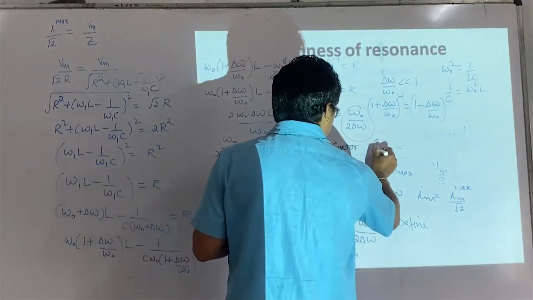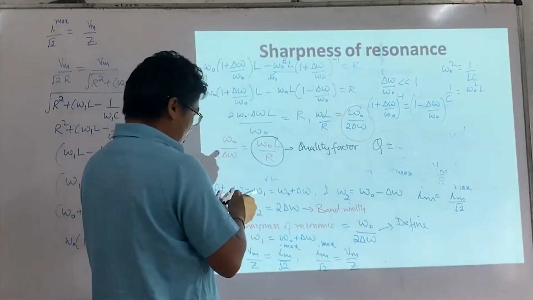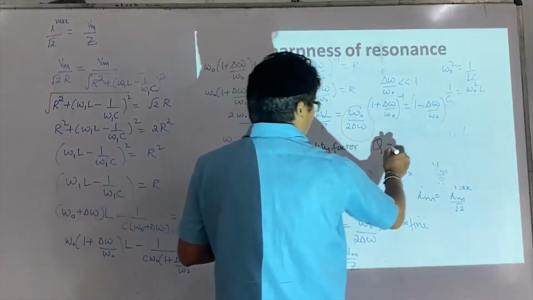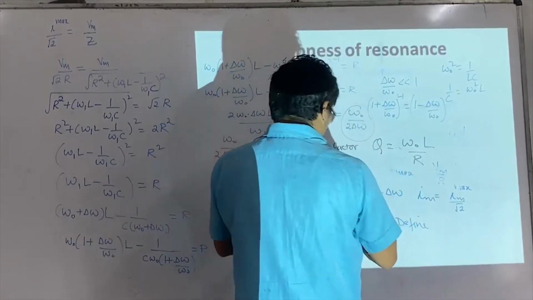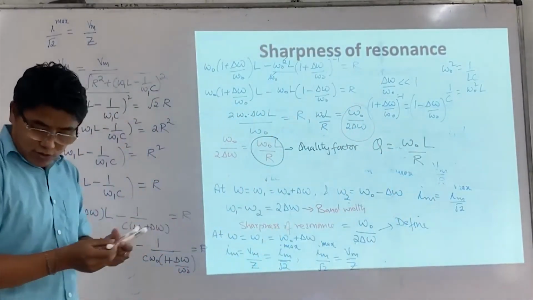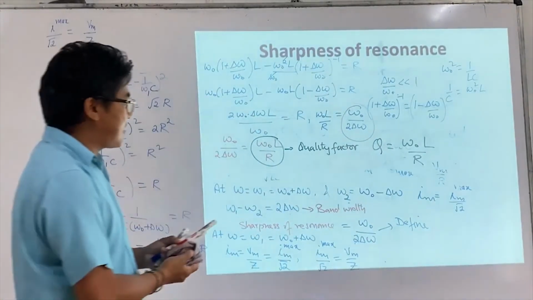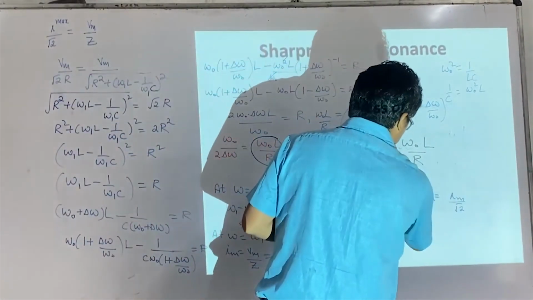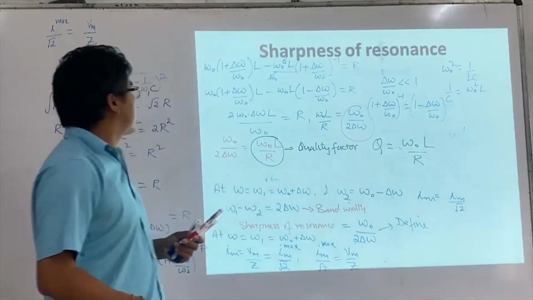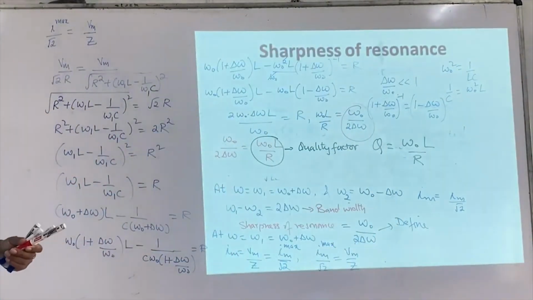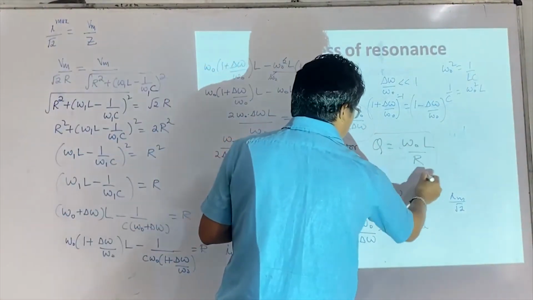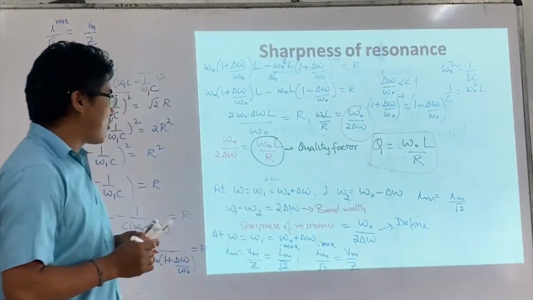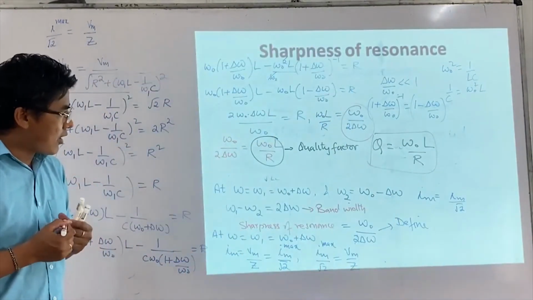So we say that the quality factor Q is going to be omega naught L divided by R. So the sharpness of resonance is defined by L as well as R. This is what we term the quality factor.